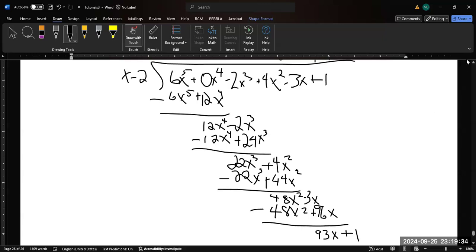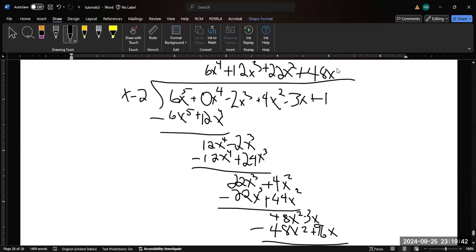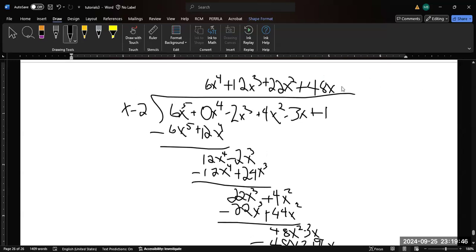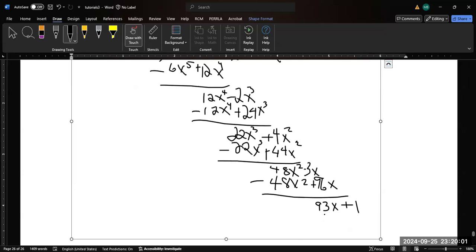X goes into 93x 93 times. 93 times x, 93x, 93 times 2, 186, so minus 186, distribute, and you end up with 187 as the remainder.